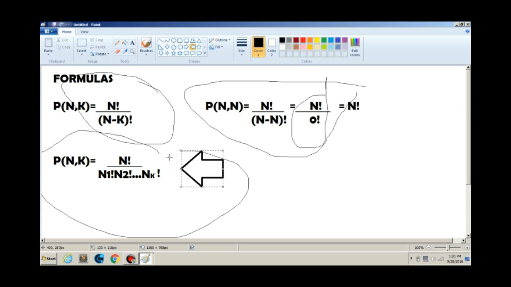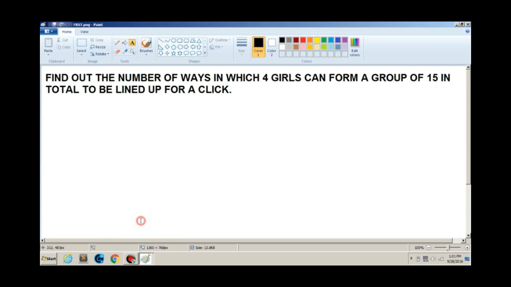So let's now try to solve a problem with the first formula. Suppose the given is this: find out the number of ways in which 4 girls can form a group of 15 in total to be lined up for a clique. So what we're going to do first is find the value of n in the given problem.